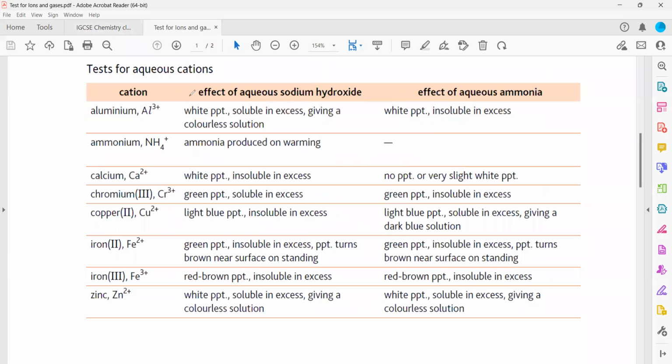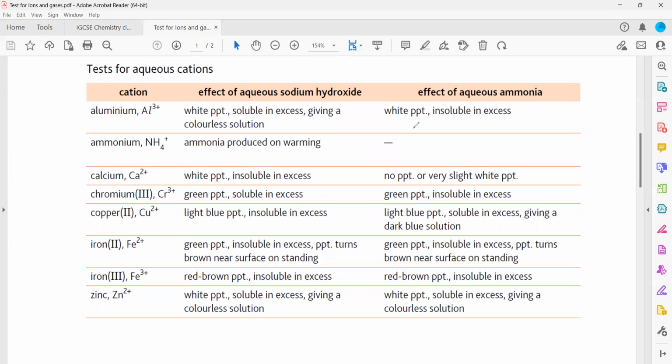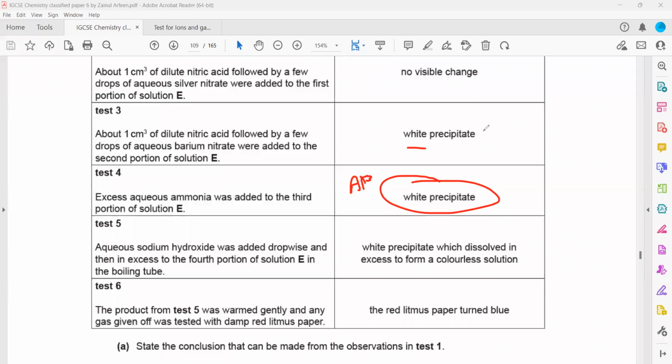When we add aqueous ammonia, not sodium hydroxide here, and the white precipitate is insoluble in excess, this gives an idea that it is aluminium. So this test gives an idea that aluminium is there, and the earlier white precipitate gives an idea that it is a sulfate.